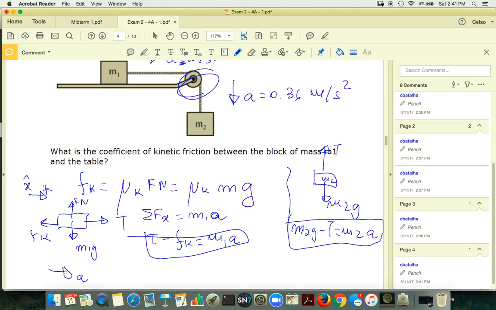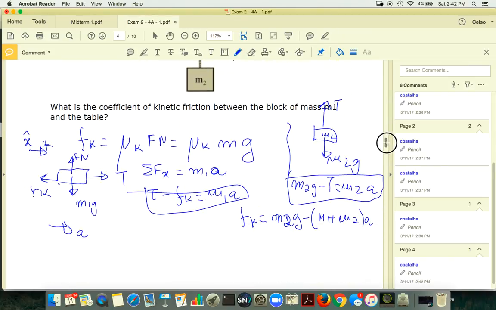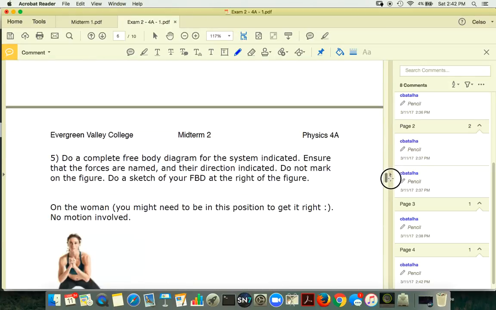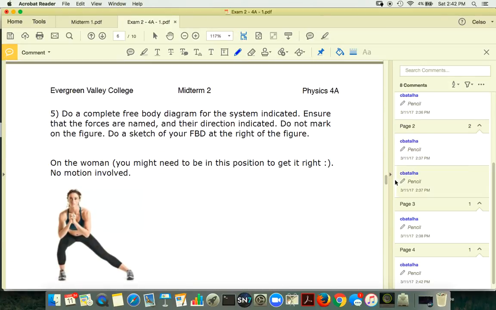You eliminate T, and then you play around with your Fk, and then you find that Fk is equal to M2g minus (M1 plus M2) times acceleration. And then you can solve the problem because you find Fk, and then you can tackle that other part.